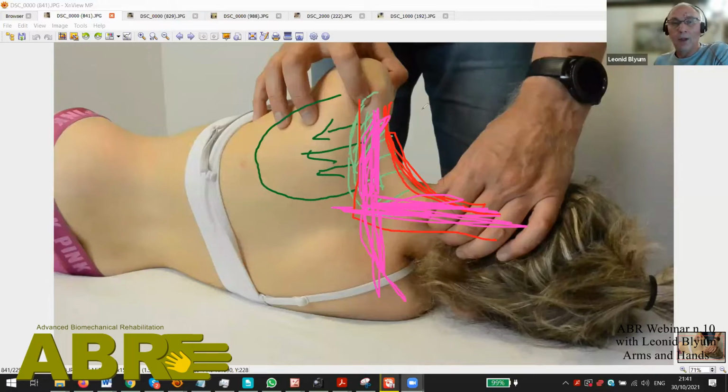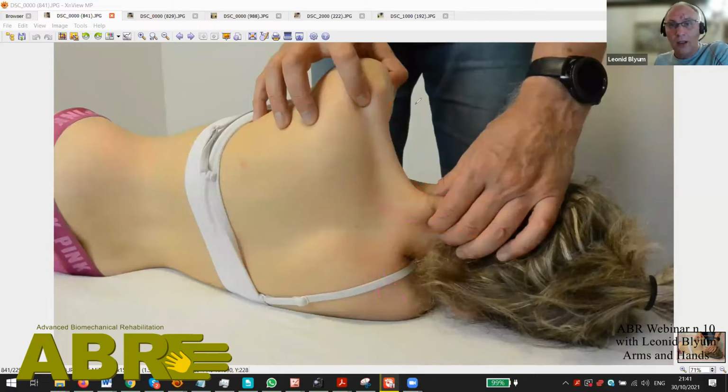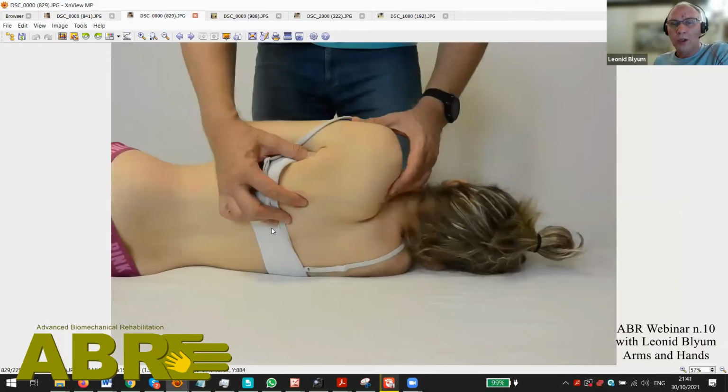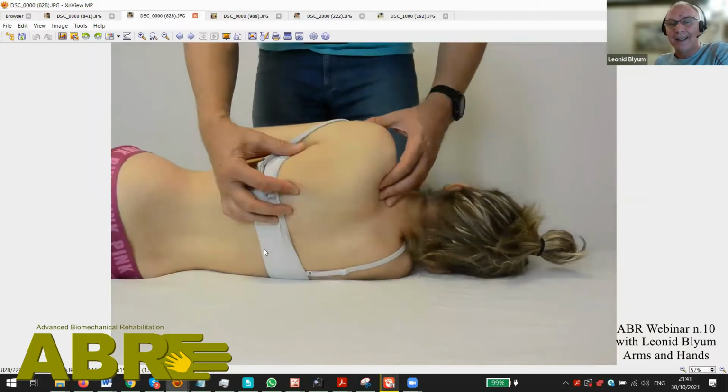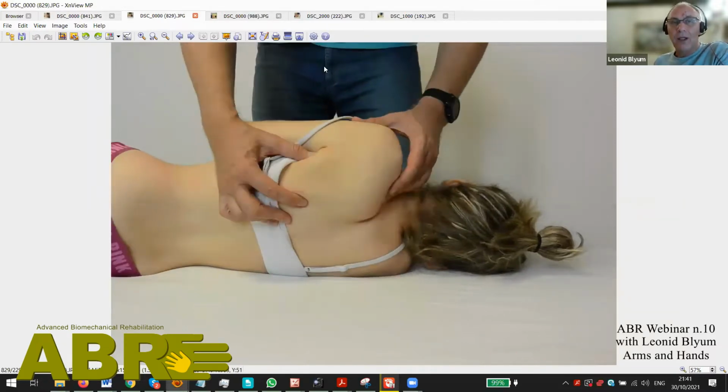So now let's have a look at some other examples to make this lesson stick. So of course, when I'm looking at this girl, what else am I looking at, right? I'm also looking at another important sign that indicates the depth of the shoulder girdle.